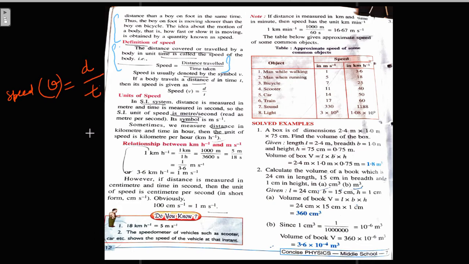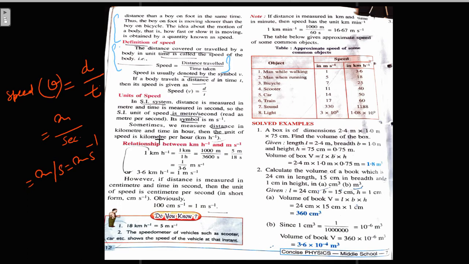Units of speed: distance is measured in meter and time is measured in second, the smaller unit. So its unit will become meter per second or meter second minus 1.